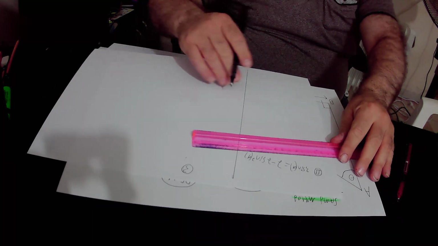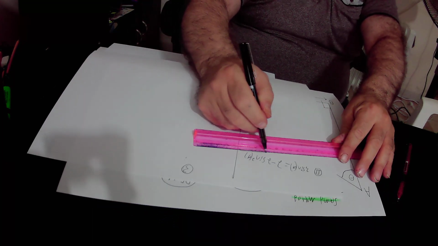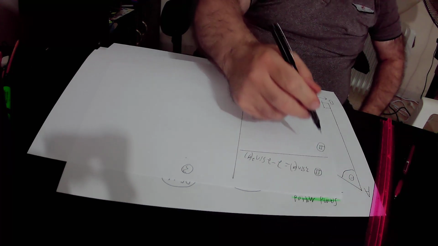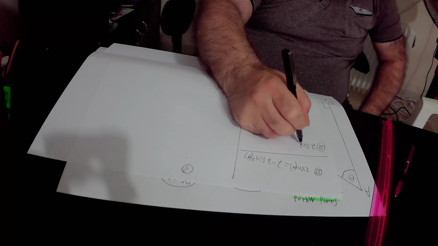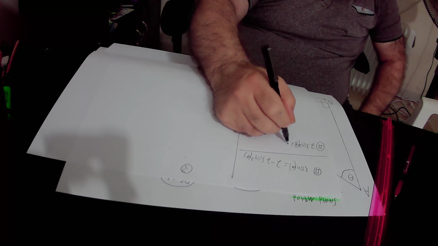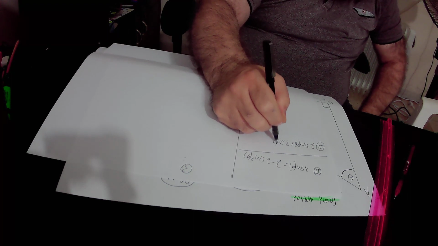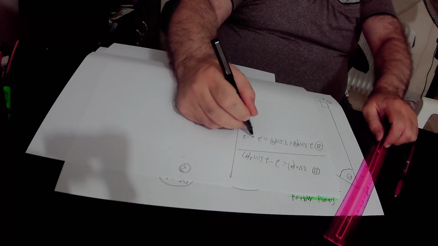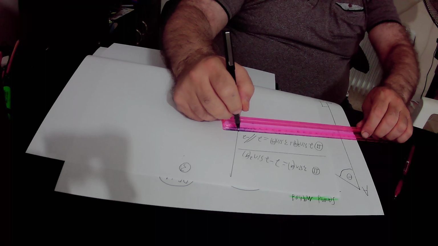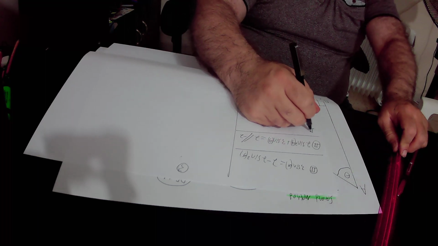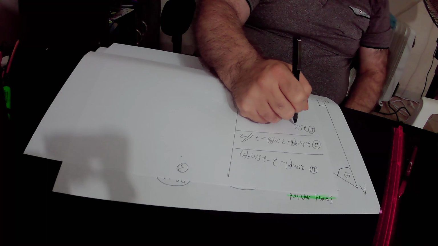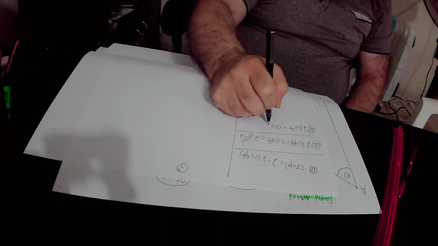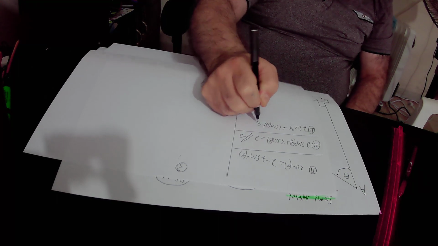Here we will add 2 sine square alpha to this equation, and we will get that according to equation number 2, 2 sine square alpha plus 3 sine alpha equals 2. Here we will subtract 2 from this equation, and we will get that according to equation number 2, 2 sine square alpha plus 3 sine alpha minus 2 equals 0.